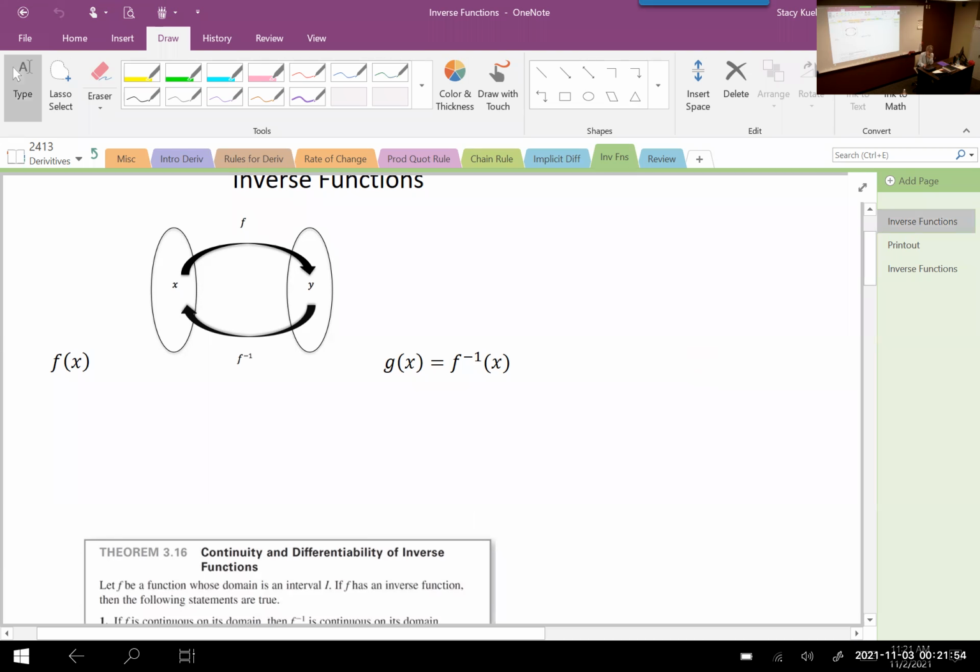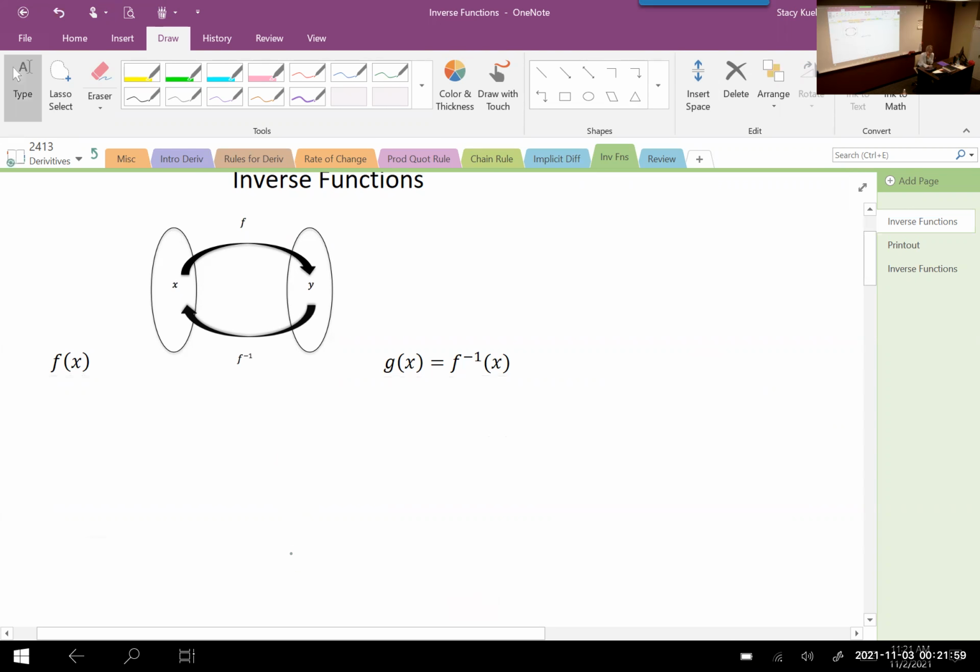Okay, and so one of the properties of inverses, we're going to say we have our function f of x, and then its inverse, f inverse of x, which we're going to identify as g of x to get rid of some of that x in there. One of the properties we know from inverses is that if I compose one with the other, if I have g of f of x, that gives me back x.